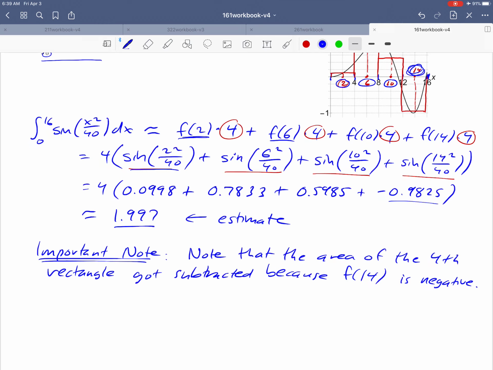What we can say about a definite integral is the following. In general, if a function is above the x-axis, area is going to get added, and when f of x is below the x-axis, area is going to be subtracted. That is built into our definition of the definite integral.